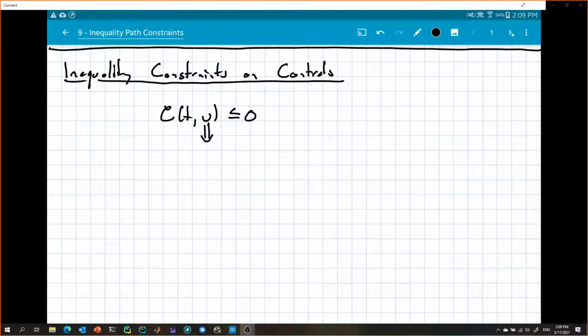If you wanted to make sure some value was greater than or equal to 0, you just switch the signs on C, so you don't lose any generality with having the constraint this way. And like before, we're going to augment the objective function.